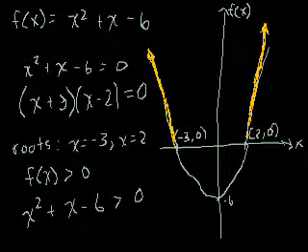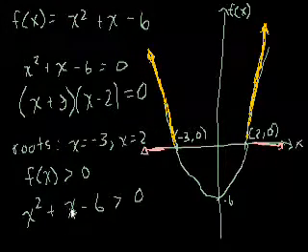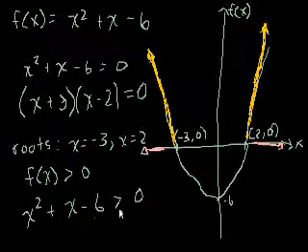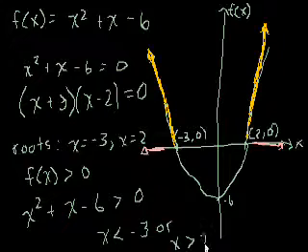Well, this is true whenever x is less than minus 3, right? Or whenever x is greater than 2, right? Because when x is greater than 2, f of x is greater than 0. And when x is less than negative 3, f of x is greater than 0. So we would say the solution to this quadratic inequality, and we pretty much solved this visually, is x is less than minus 3, or x is greater than 2.